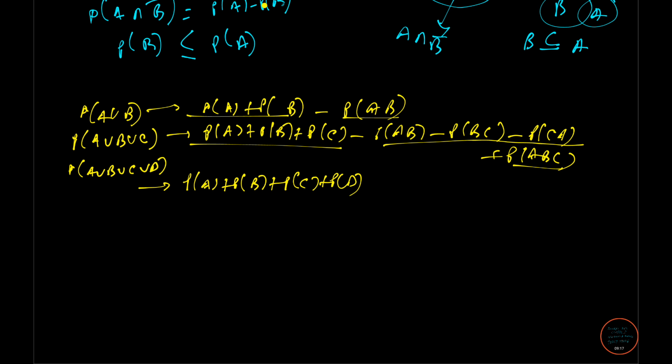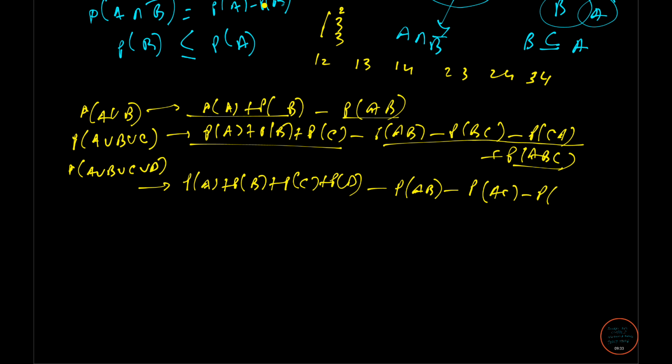First part. Then you take 2 together, so taking 2 together has a pattern: 1,2; 1,3; 1,4; 2,3; 2,4; and 3,4. So 1,2 means AB, then AC, then AD, then BC, then BD, then CD.